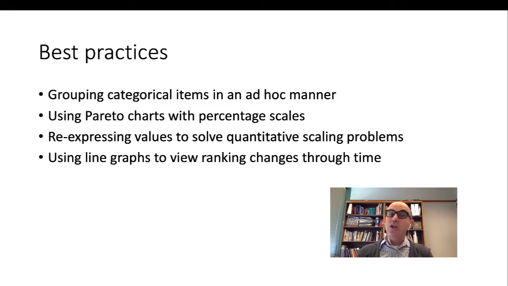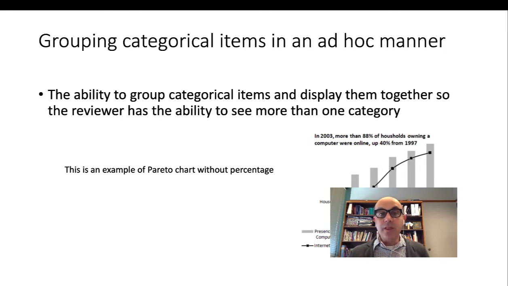He says that using a line graph to view ranking change through time, we need to be concerned or conscious about that. So the idea of a pie graph is the idea that we have a bar line, and we also have a line that crosses in order for us to be able to see the idea of percentage and without percentage.